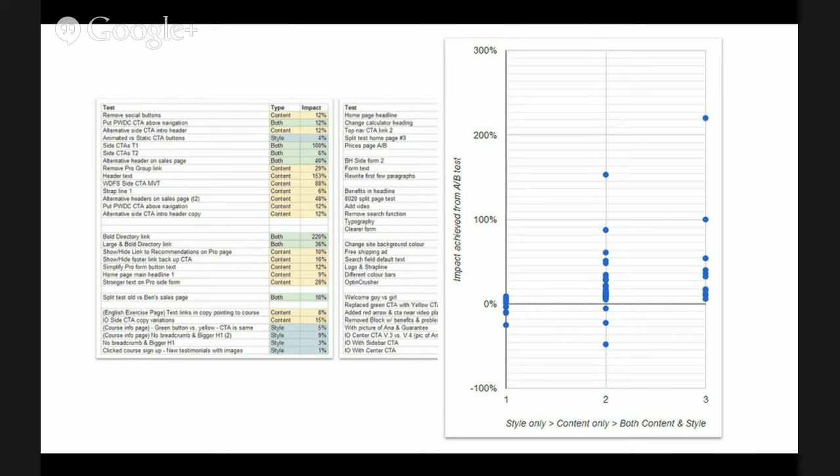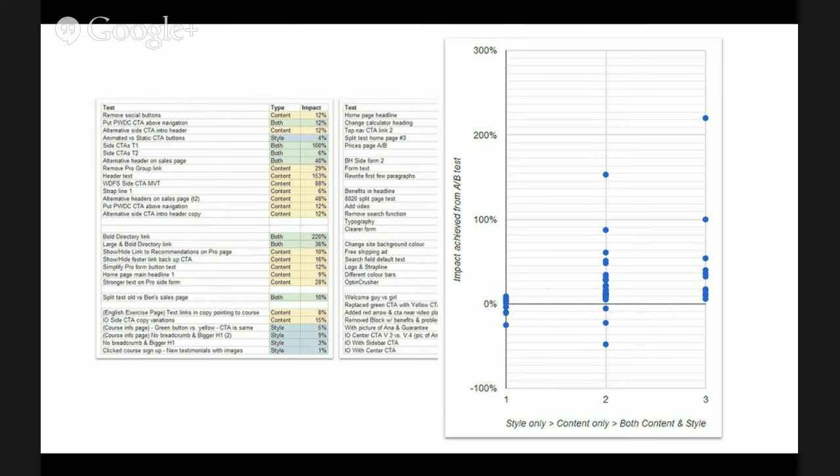Now, what you want to take away from this is particularly look at the style changes. And those of us who are addicted to testing page background colors and button colors and fonts and stuff like that, the biggest positive or negative change that I achieved, let me tell you, I've been a professional web designer since 1994, okay?